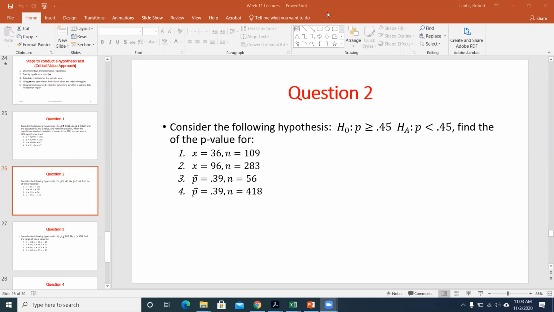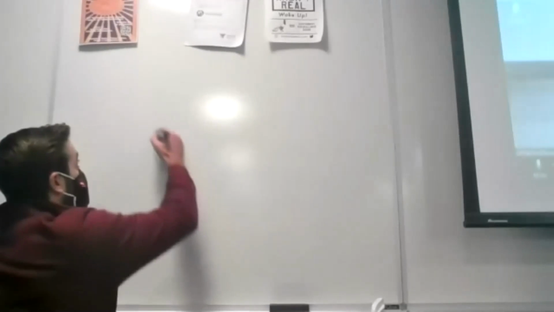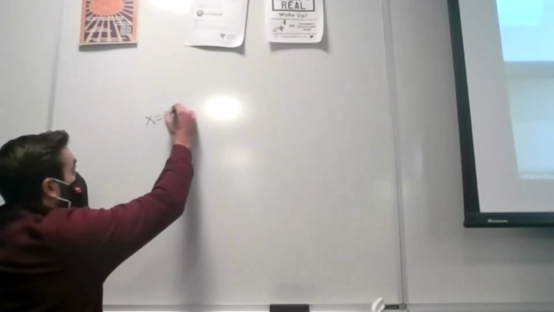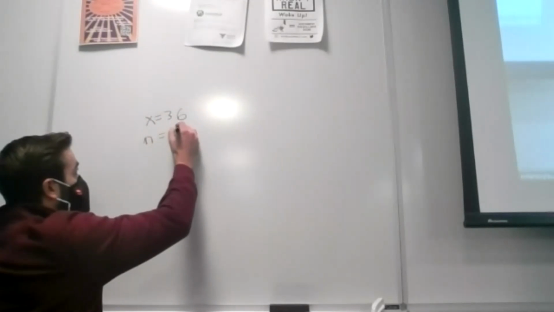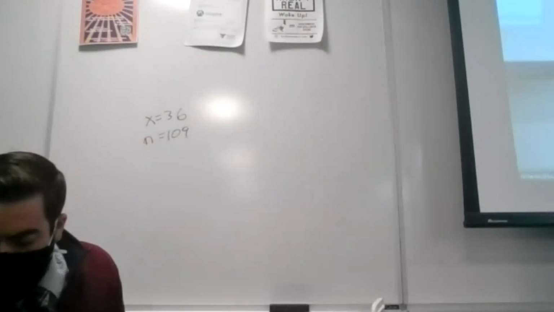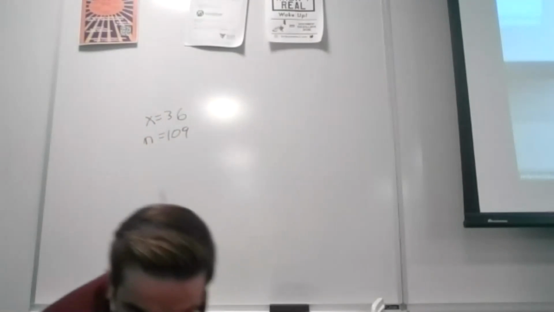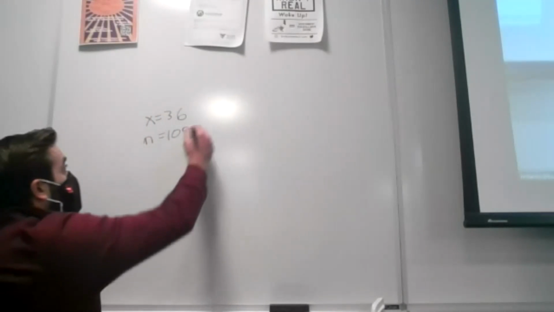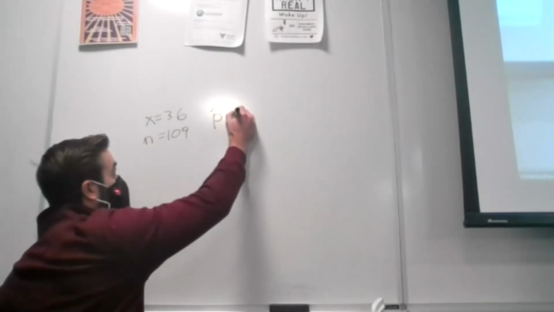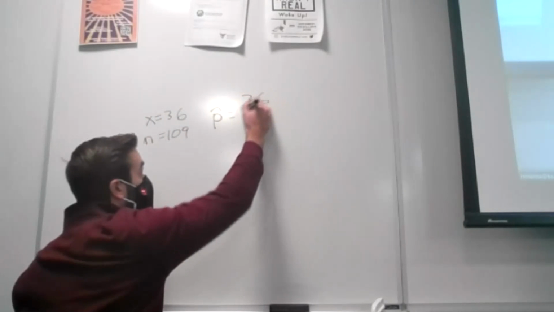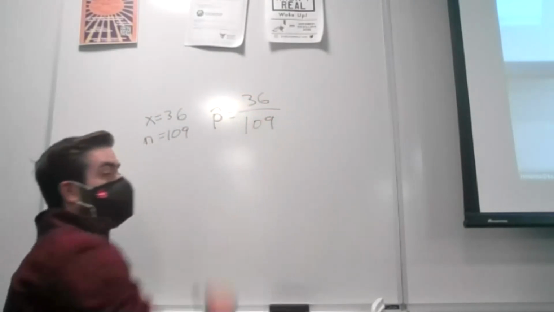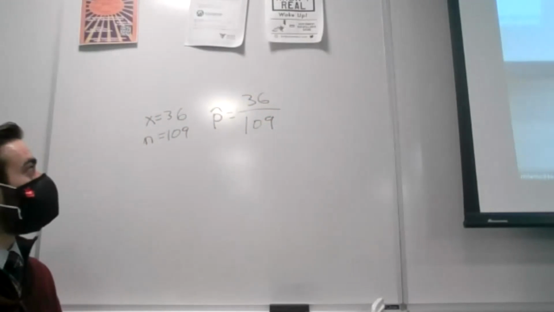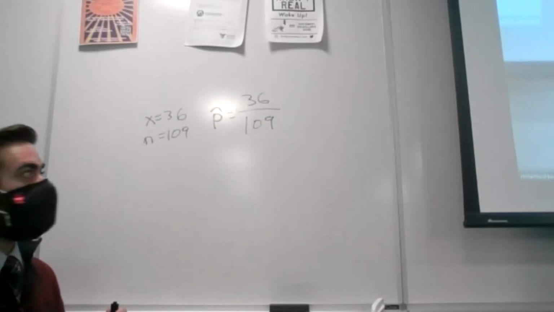So there, if I've got X is 36, and I think it was 109. I might be a little bit off on that. We'll correct that number if it is. If I want to find my sample proportion, I simply take, it was 106, sorry, 106. It was 36 out of 109, right?